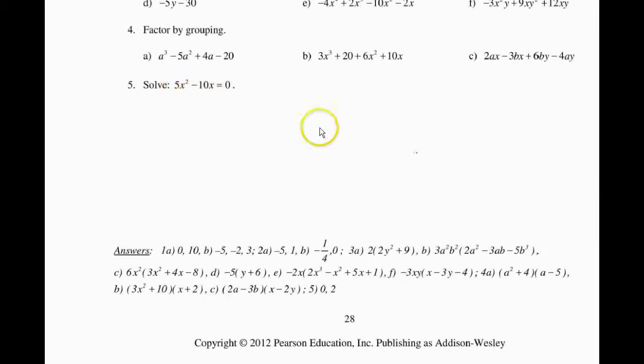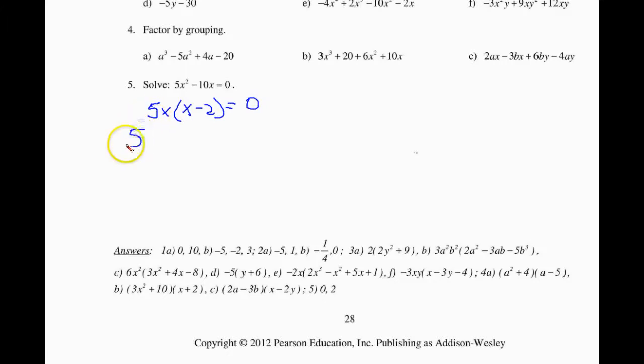Didn't we do this one already? Maybe. Let's see. This is in what we call standard form. We're going to factor this now. We want to find the zeros. So we're going to factor out a 5x, and we get x minus 2 equals 0.